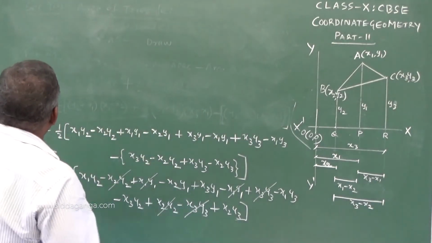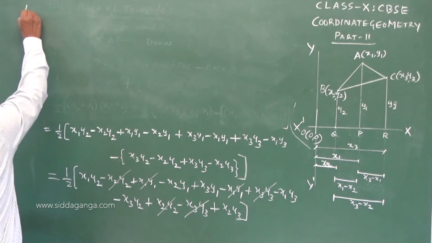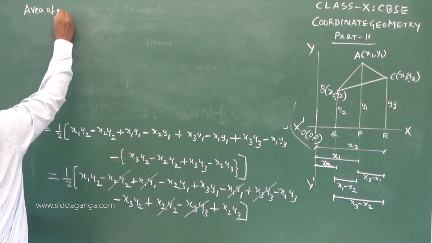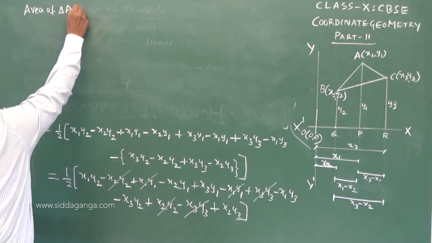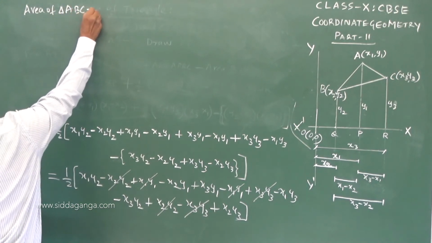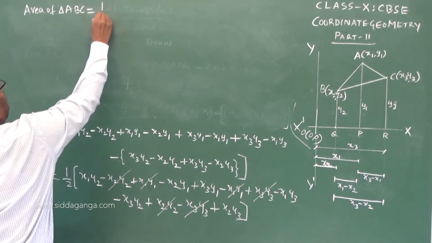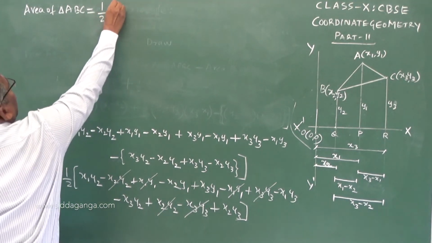So carefully I will write area of triangle ABC will be, so what is remaining, I will write 1 by 2 into bracket.